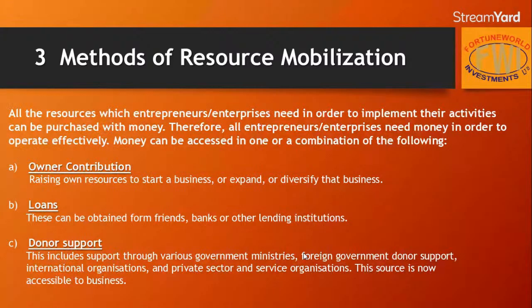Members of that cooperative or that club can make contributions every month to raise a certain amount of money. So for example, you can say, we are a group of farmers and we have formed a savings group. We are 50 farmers in this savings group.